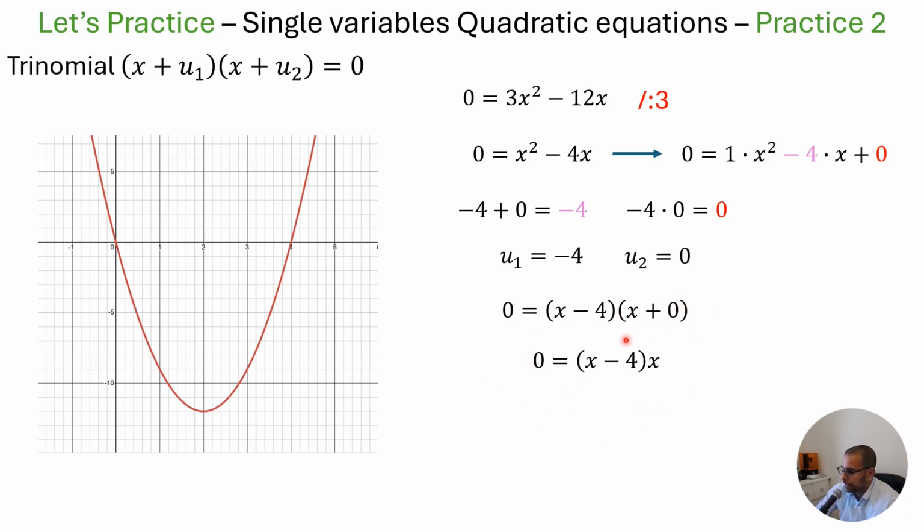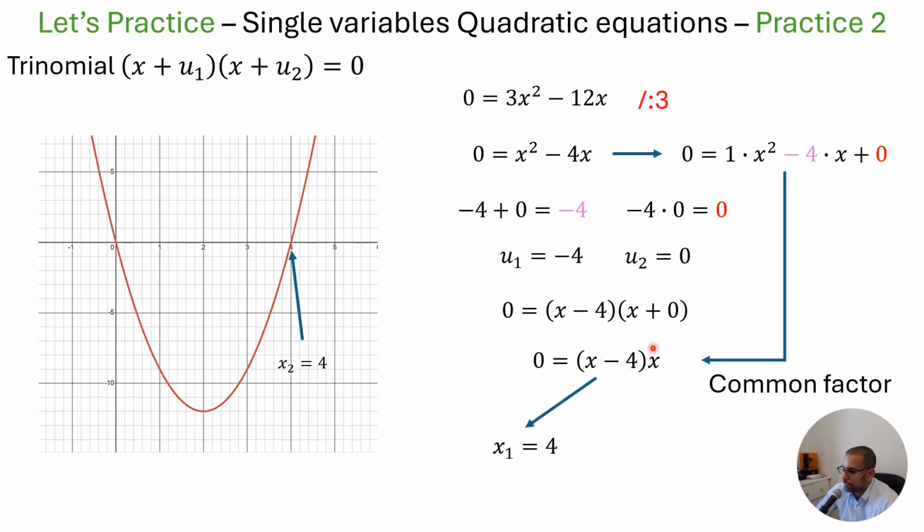We get a factor here times a factor there. So let's check. If this x is equal to 4, this factor will be 0, right? And if this x is equal to 0, well, all of it is going to be also 0.